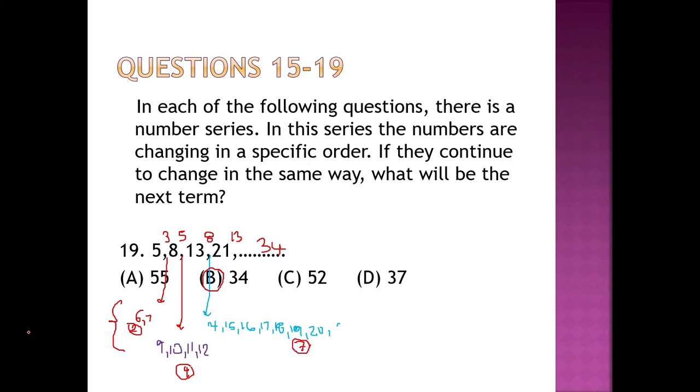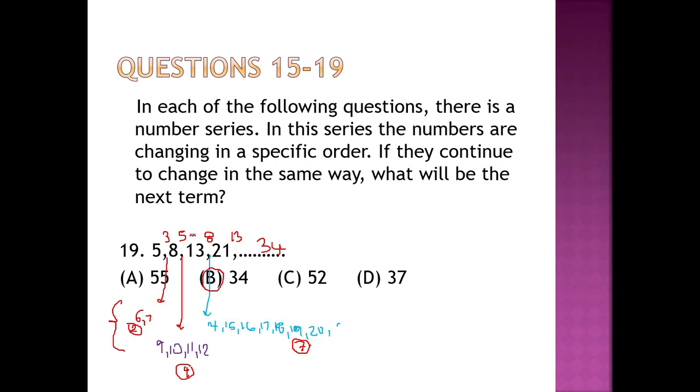Yeah, I don't see the pattern down here, but up here I saw a pattern, right? So we have a difference of 3 here, a difference of 5 here, and a difference of 8 here. When I add the 3 and the 5, I get the 8.